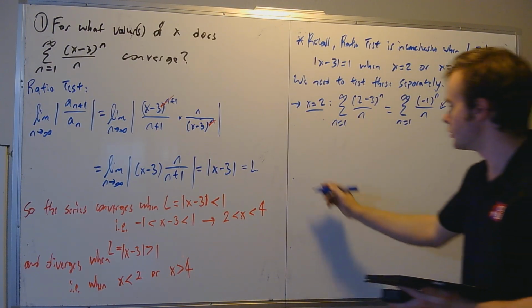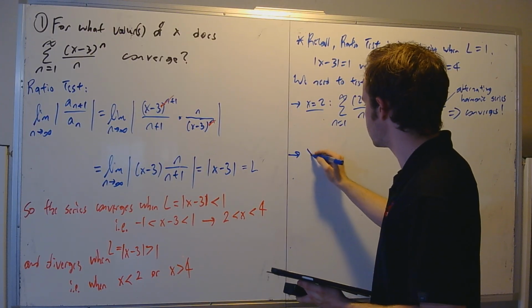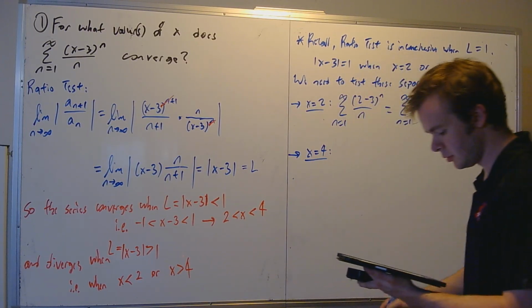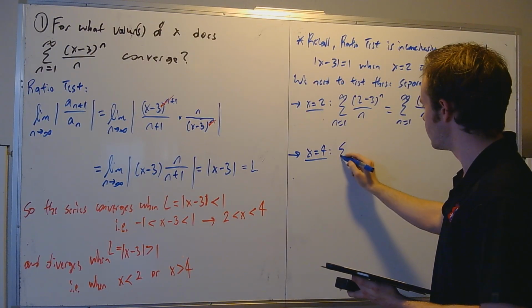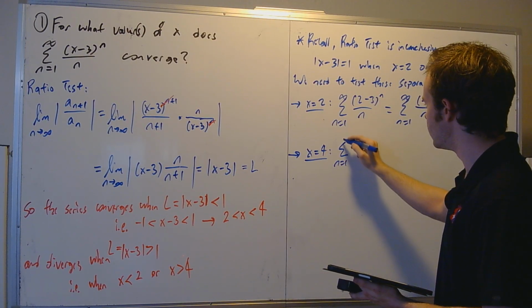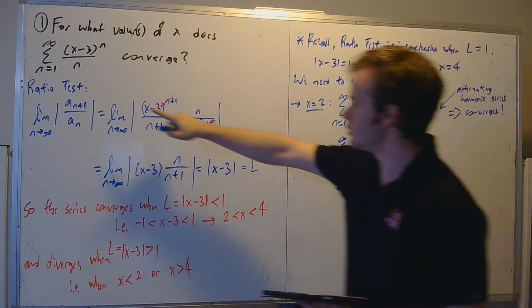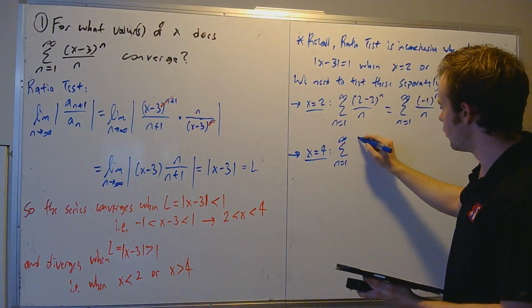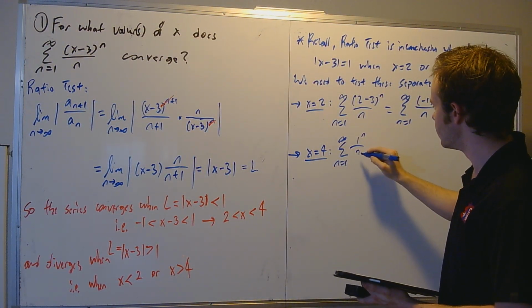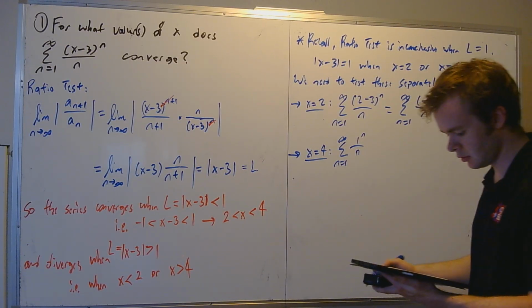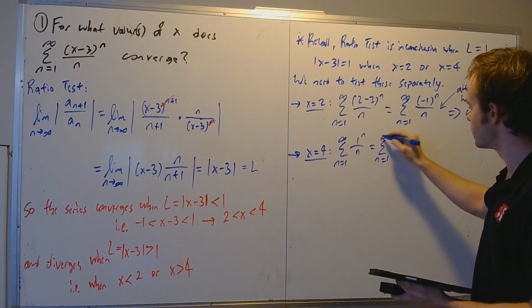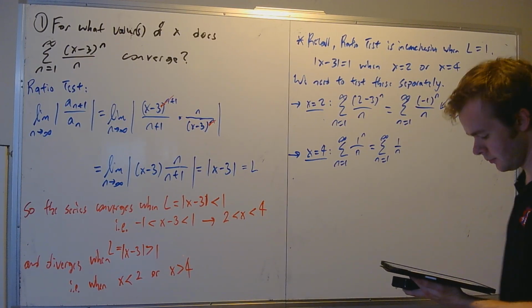And the last thing that we have to check is when x equals 4. So if we plug in x equals 4, we're going to get the sum from n equals 1 to infinity. If we take 4 minus 3, we're going to get 1 to the power of n over n, which is just the sum of 1 over n.